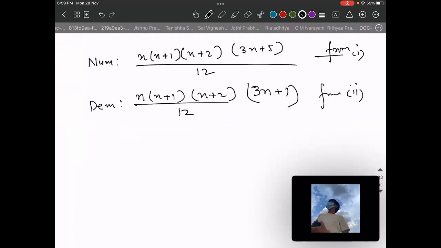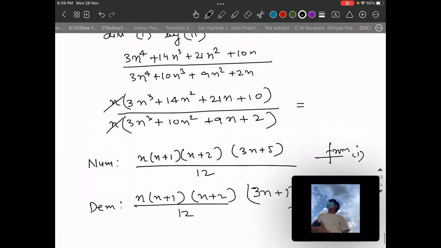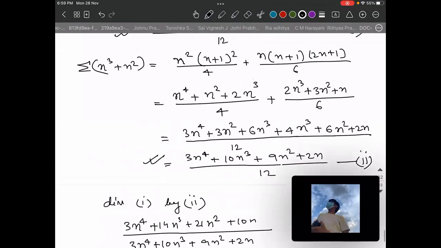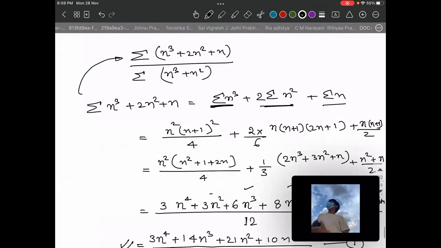You're getting it or not? You're not getting it? See, when you start solving this, what you can take, you have also taken, use the same method. Show me one more. You have taken a different method. This is also polynomial. Just you have taken, yeah.